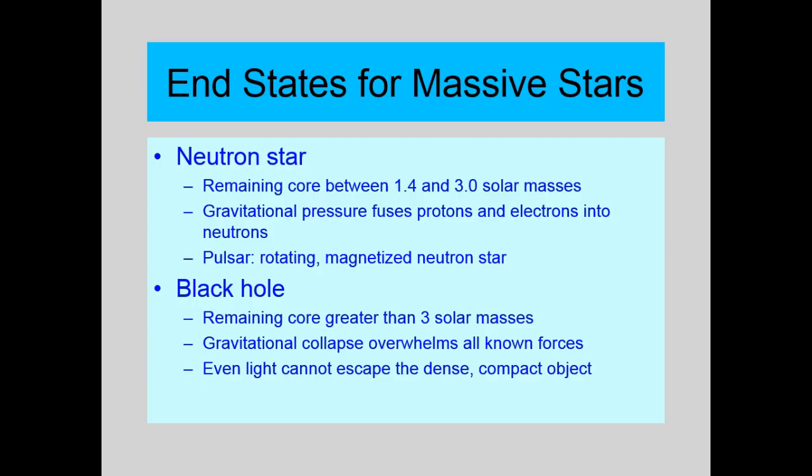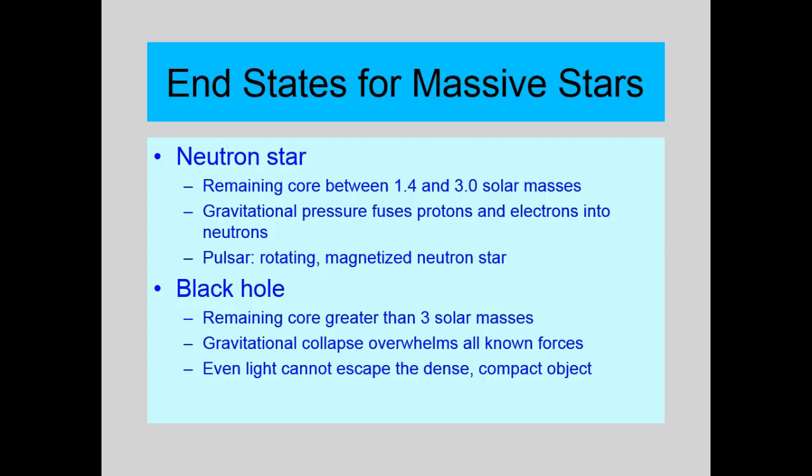But some of these stars are more massive than that. If that remaining core is greater than 3 solar masses, man, that's big, then what happens, the gravitational collapse overwhelms everything else. And all it starts doing is sucking in stuff where it is.